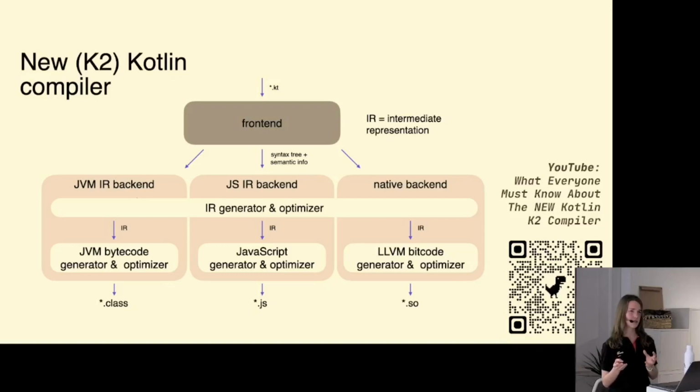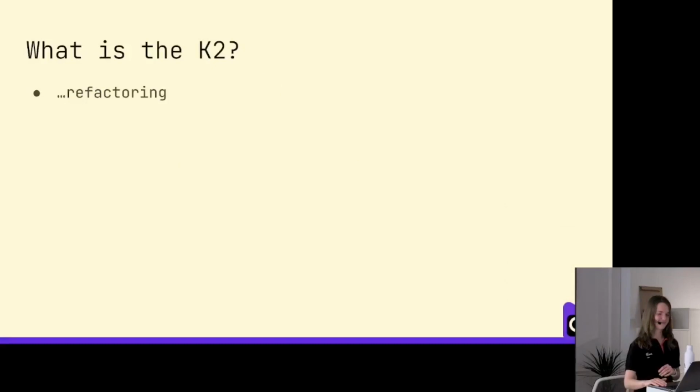Those optimizations are common for each backend, be it JVM, JavaScript, or native. So why don't we just take it up and have an intermediate layer? That's what we did basically with K1, and made it K2. Again, the details are in this talk. Don't hesitate to watch it after.